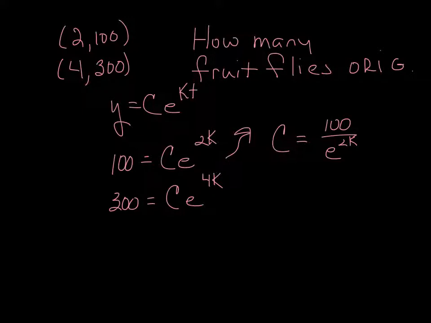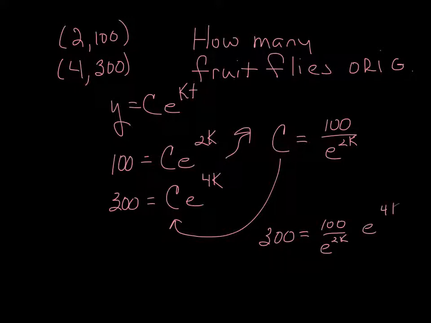So now that I have a value for C, I can plug it back in right here. So 300 equals 100 divided by e to the 2k times e to the 4k.